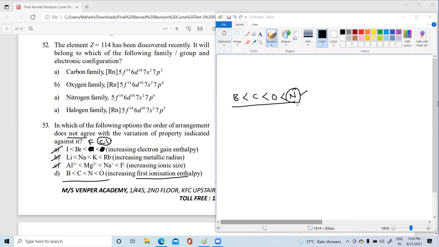Because nitrogen has the 2s2 2p3 electronic configuration. Half-filled is a stable configuration. And if you go to oxygen, 2s2 2p4 will come, which is incompletely filled, so it is an unstable configuration. So that's why nitrogen will require more. So this is the wrong statement they have given. So the answer should be D.